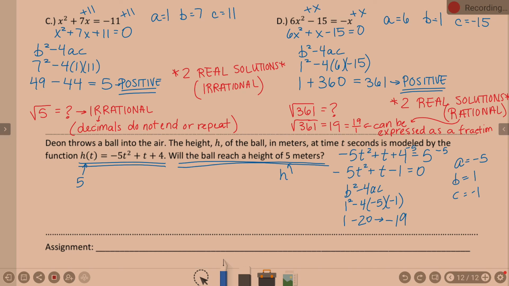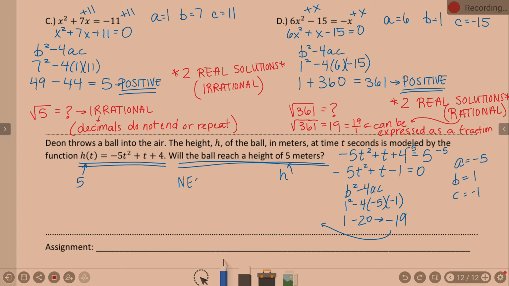So are there any real solutions? No. So if there's no real solutions, will this ball ever reach a height of 5? No. I mean, if we're going to talk about imaginary time, sure, but we're not going to reach a height of 5 meters. And I really set this up kind of awkward, so I'm going to put my information over here.